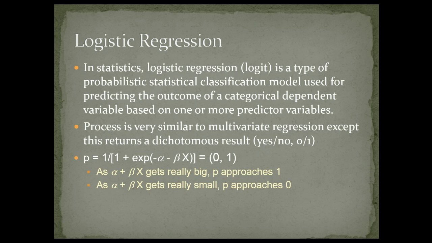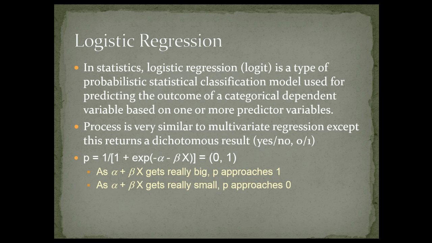You can have one predictor or many, so again, you can have univariate or multivariate. The process is very similar to the regression model, except it returns a yes or no answer, or a zero or one, as you will experience.